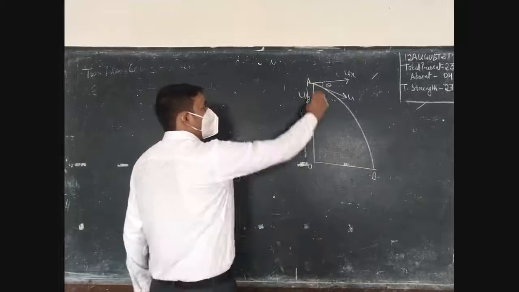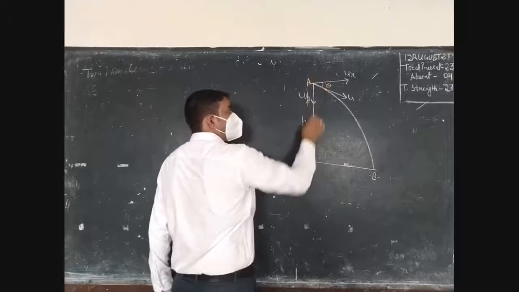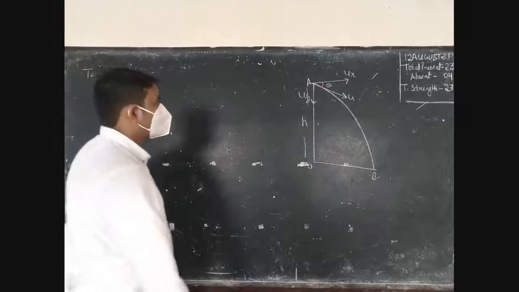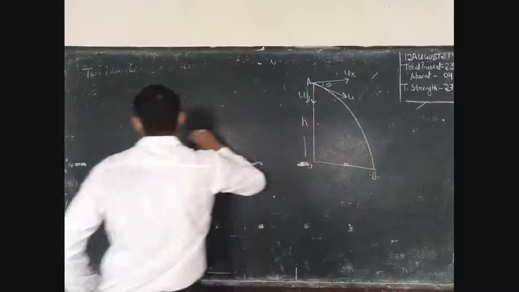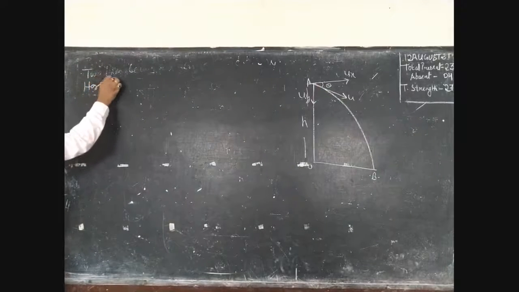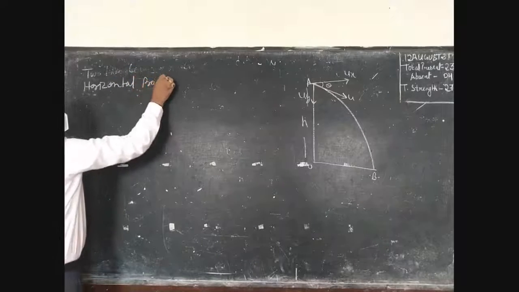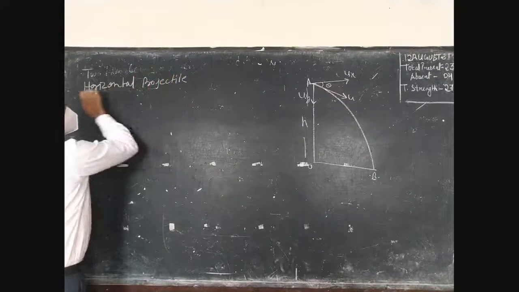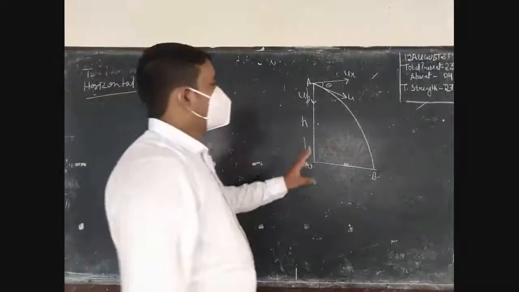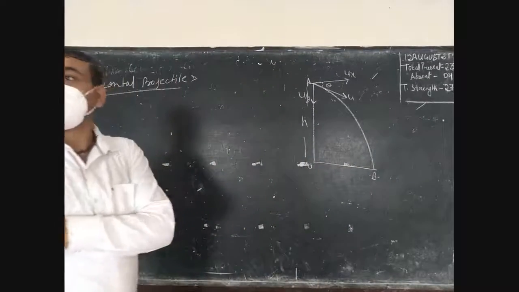And this is the starting position, up to h height from the ground. Look at a few things. The topic is horizontal projectile. Most things you have understood from the previous topic, the angular projectile.